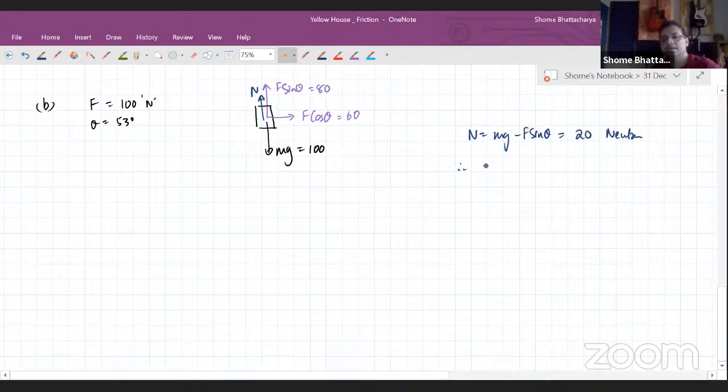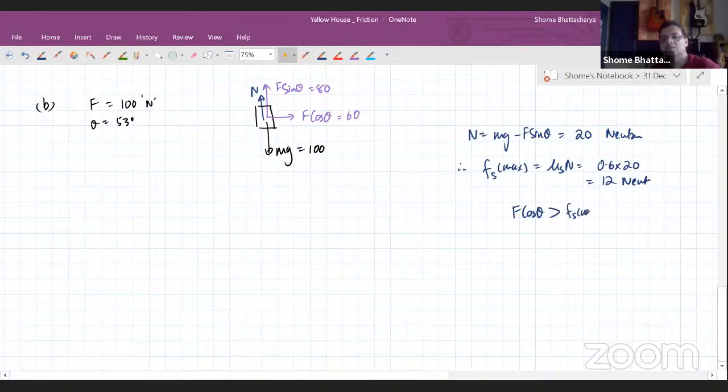Okay, so therefore maximum static friction available is 0.6 into 20. So that's only 12 newtons. So here you can see what is happening is the opposite: F cos theta is greater than maximum static friction. So therefore the block slips.